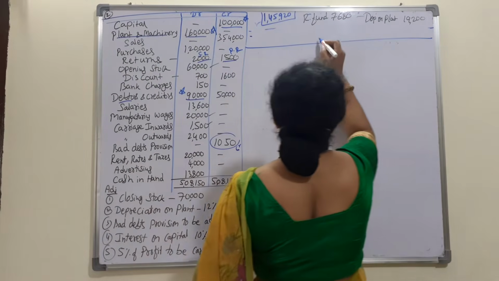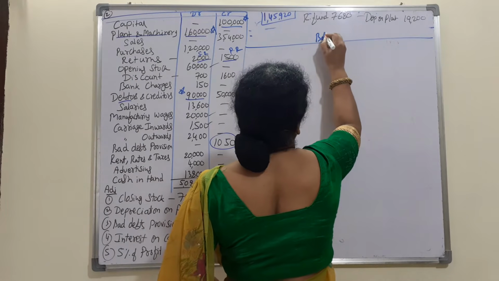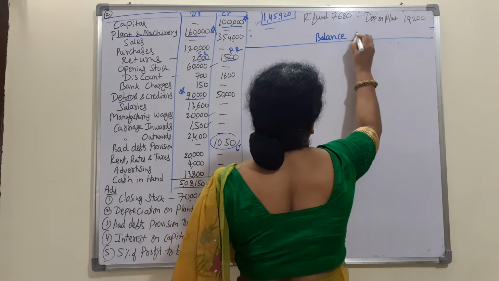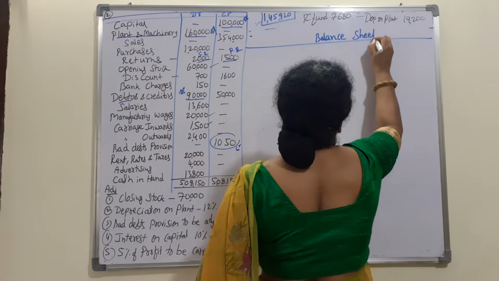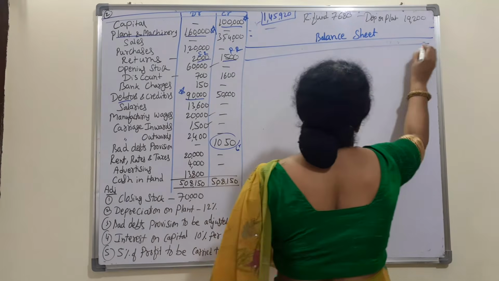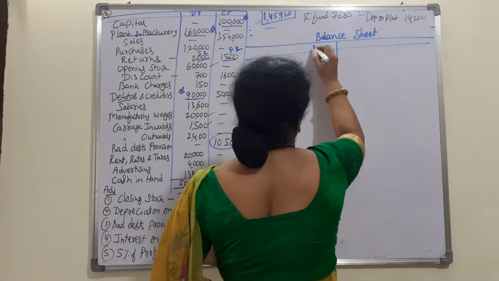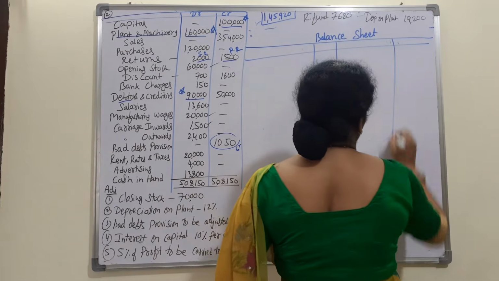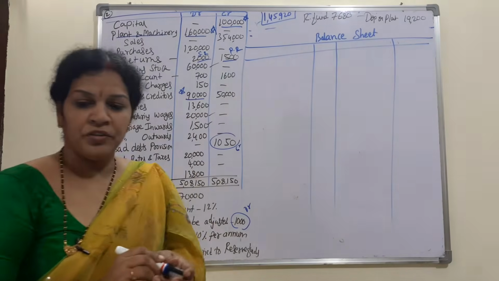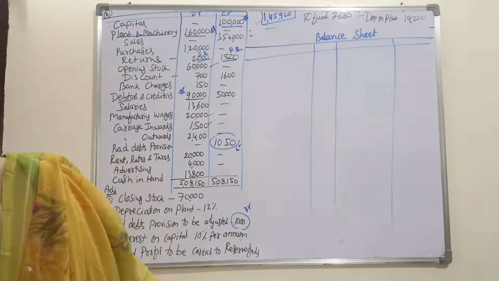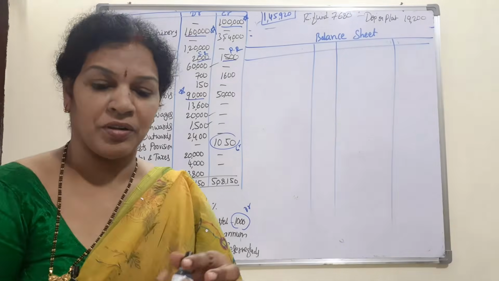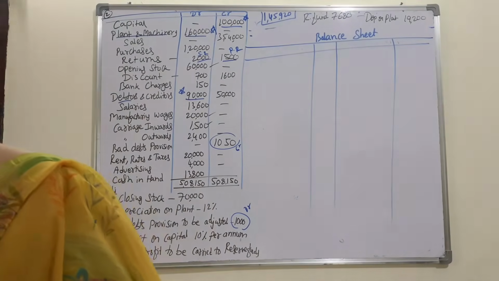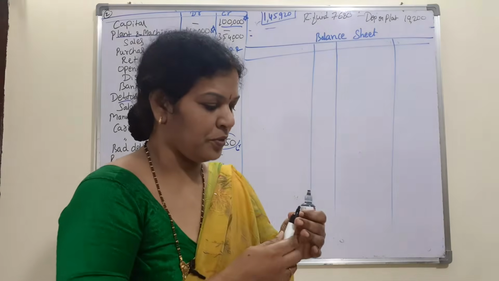So now we are working the balance sheet. So for balance sheet, what else we need? Let me just take an ink. It is over already.